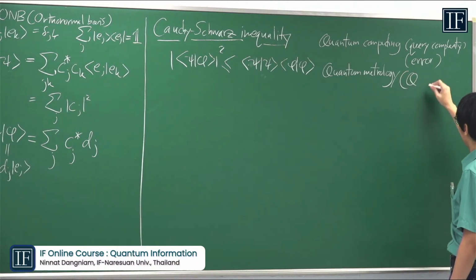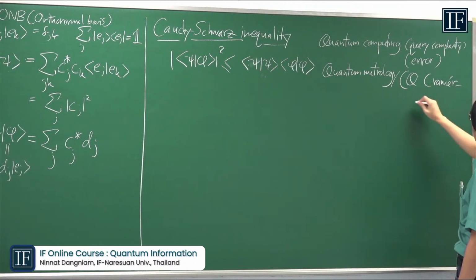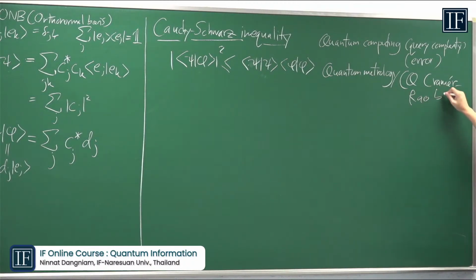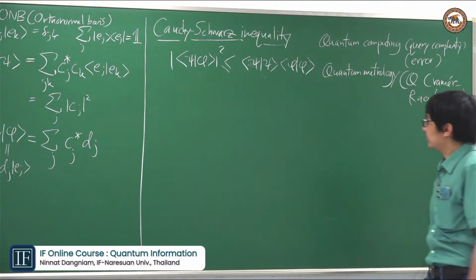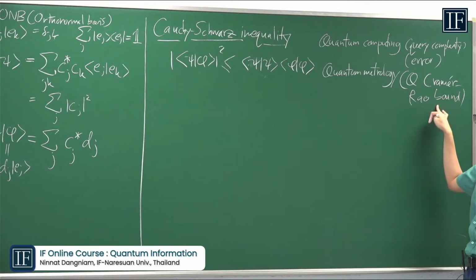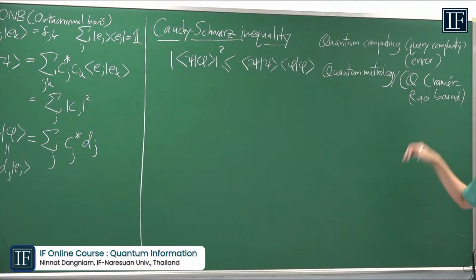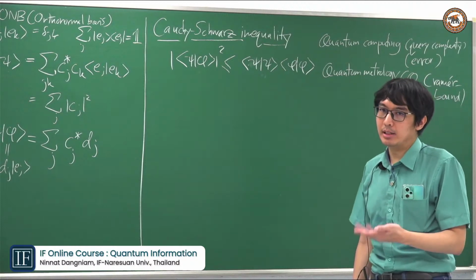For example, you can prove something like the quantum Cramer-Rao bound using this. If you haven't heard of the Cramer bound, it's related to the surprisal or information a little bit, but it's about the variance of any possible estimator for the value that you want to estimate in a measurement.